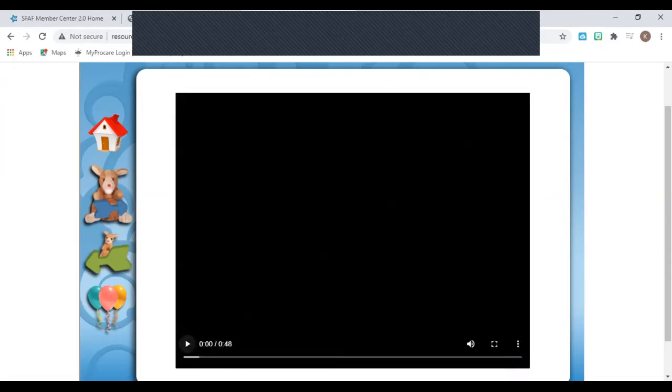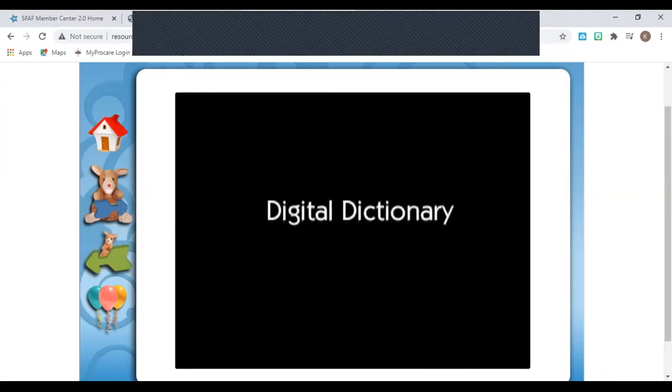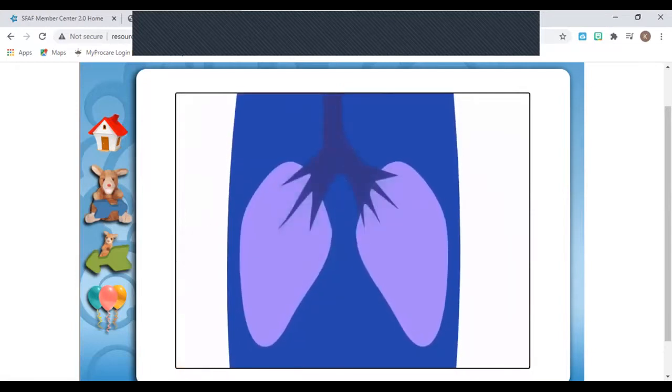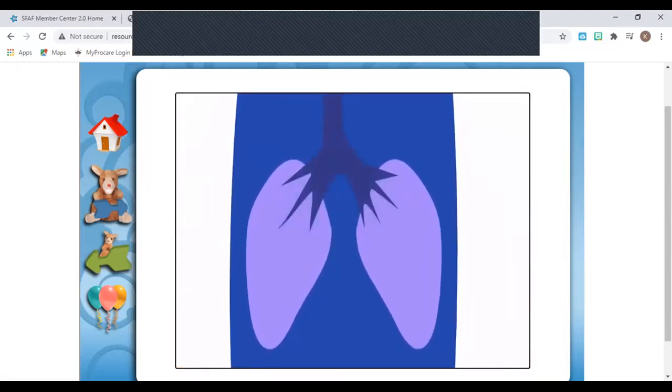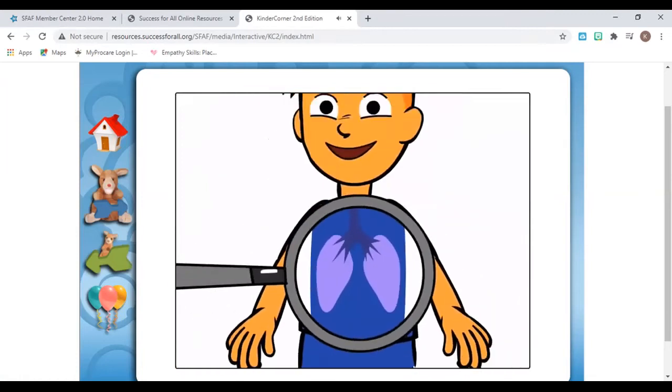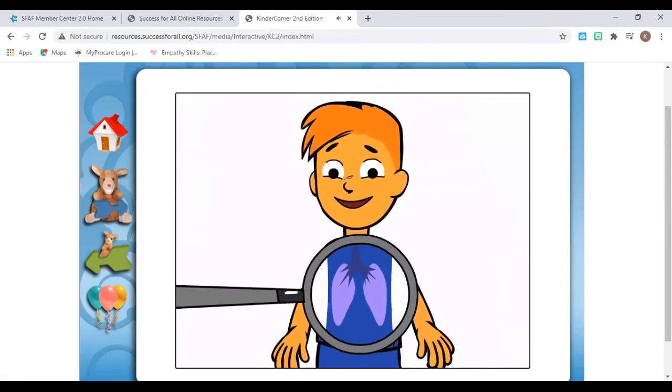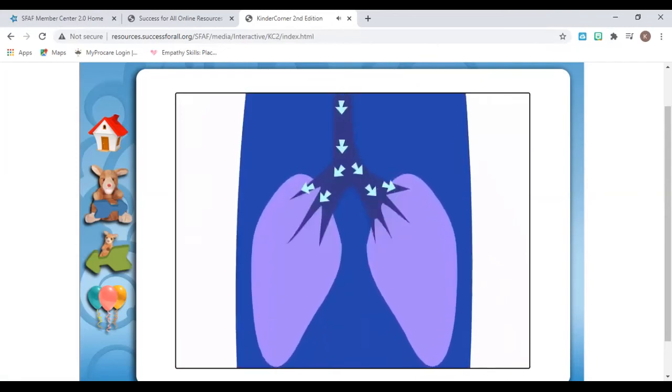Lungs. Our lungs are parts of our body inside our chest. We each have two of them, and they hold the air that we breathe. When Jason breathes in, his chest gets bigger.